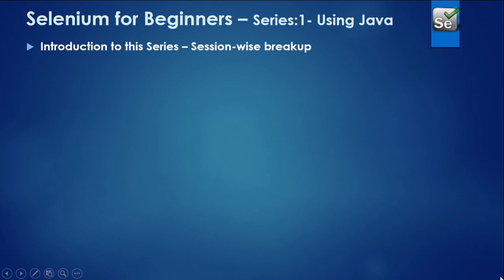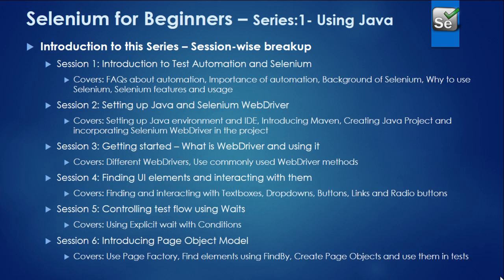Following is the session-wise breakup of this 6-part series. We'll start off with the very introduction of test automation and Selenium, then we'll set up our Java environment and Selenium WebDriver. Next up, we'll explore a variety of topics related to Selenium, like exploring what WebDriver is, what the object recognition mechanisms available in Selenium are, what waits are, and lastly, what a page object is and what the page object model is.